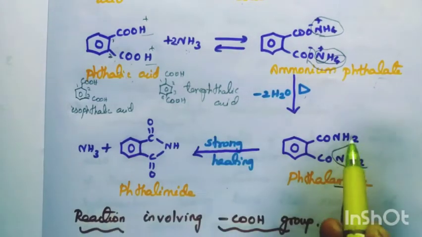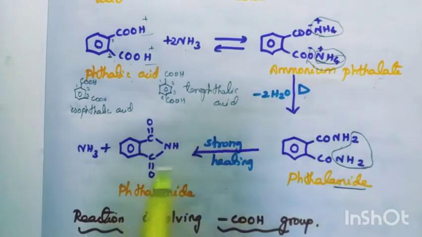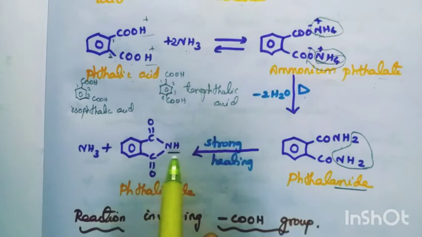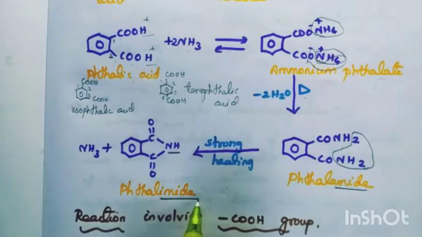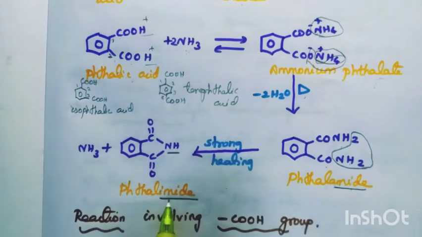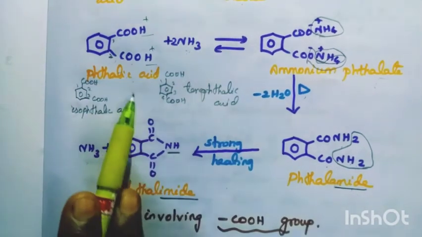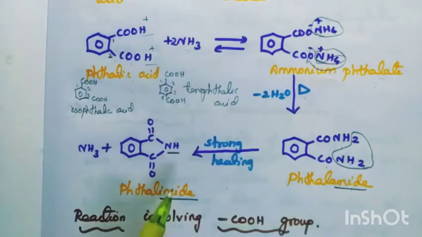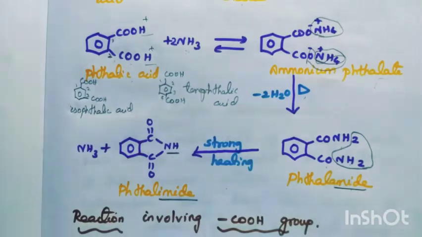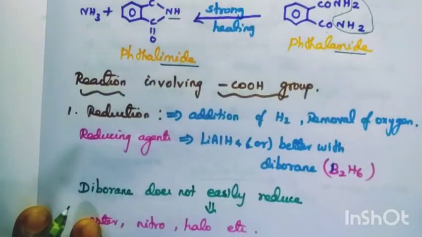Ammonia goes out, NH3 goes out. So CO, NH, that is imide. CONH2 is amide, and NH is called imide, with the removal of ammonia. So phthalic acid forms phthalimide with ammonia.